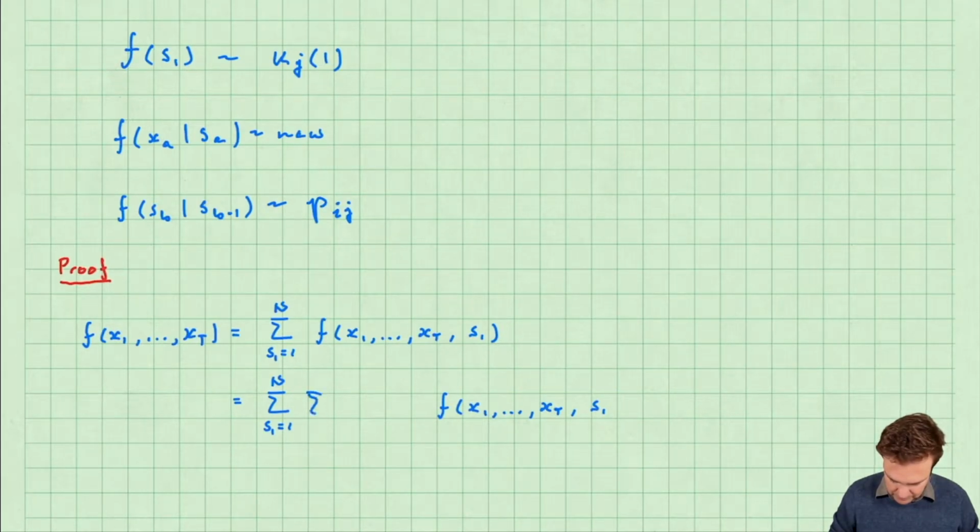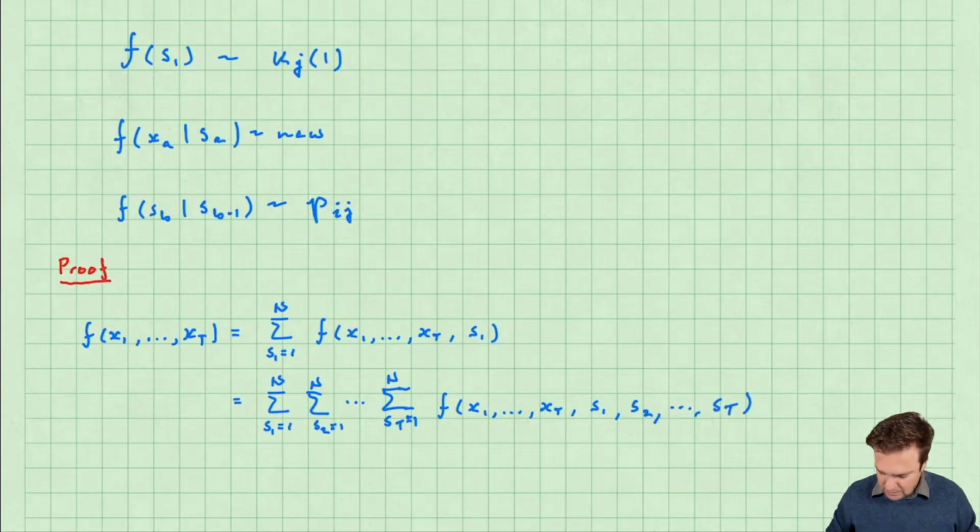We'll have the sum over S2 equaling 1 to n, up to the sum over S capital T equaling 1 to capital N. And so S2 up to ST. Right, so that's the first step in this process.